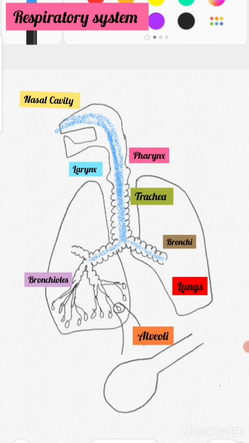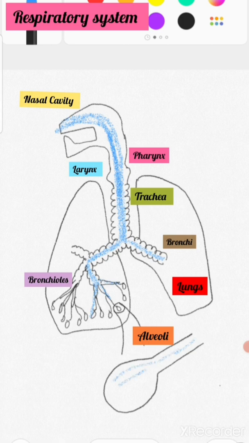From the bronchi it goes into the bronchioles, and then from the bronchioles, where will it enter? Yes, that oxygen-rich air.